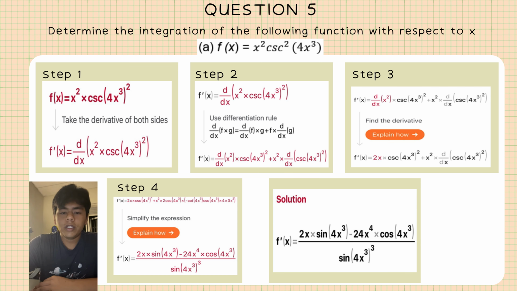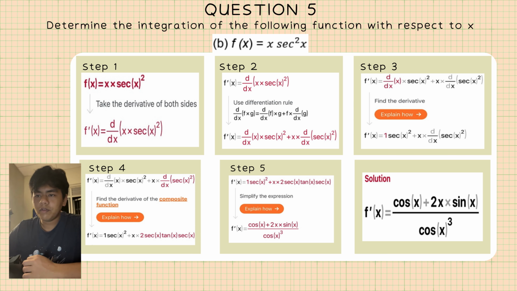And for question B, f x equals x secant squared x. Step 1, take the derivative of both sides. F prime x equals d over dx of x times secant x power of 2. For step 2, use differentiation rule.